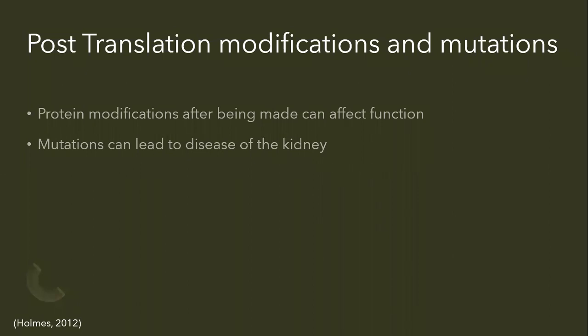Basic workings. There can be modifications after the proteins have been created. AQPs, especially AQP2, undergo different modifications after they've been synthesized, which impacts their function. These modifications include glycosylation, phosphorylation, and ubiquitination.